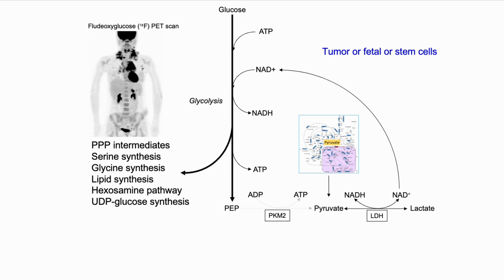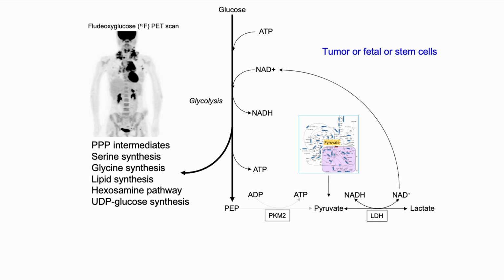But the reason for that is not for generating energy, but for generating many metabolic intermediates which can be side-passed to other pathways, like the so-called PPP, that's the pentose phosphate pathway, or the biosynthesis of other stuff, which are very much needed for rapidly dividing cells.